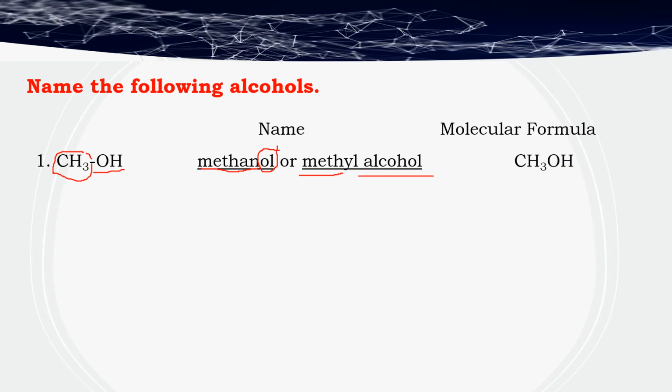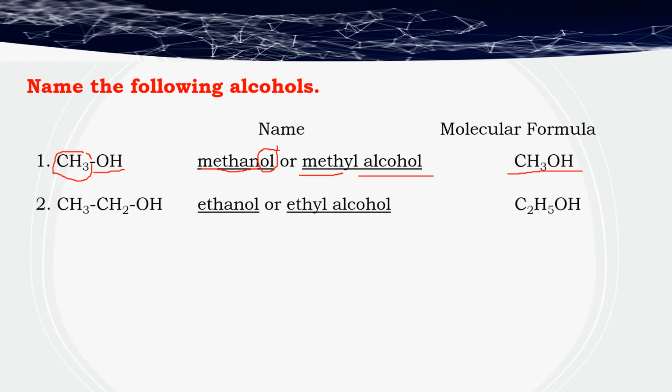Okay, next. Again, the molecular formula is CH3OH. Next example, we have CH3, CH2, and OH. Since there are two carbon atoms here, the stem is eth, or the name of that in an alkane is ethane. We replace the E at the end, and since we're talking about alcohol, we replace it with OL.